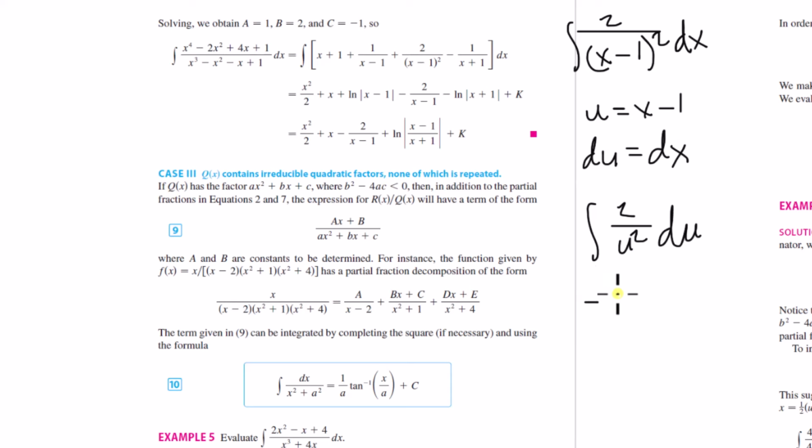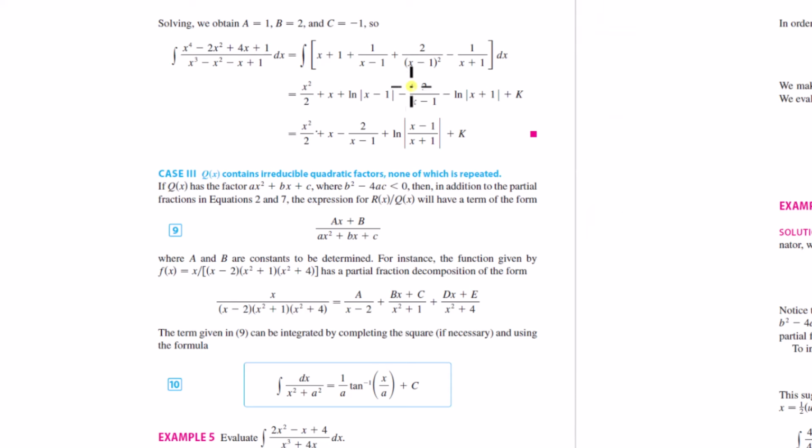So this is minus 2 over u squared. And so in general, that's how you're going to integrate a rational function like this, because you just have a constant in the numerator. There's no x. So all you have to do is make the u substitution for whatever's in the denominator being raised to the power. Just say u is equal to whatever's in the power, and that will work every time.